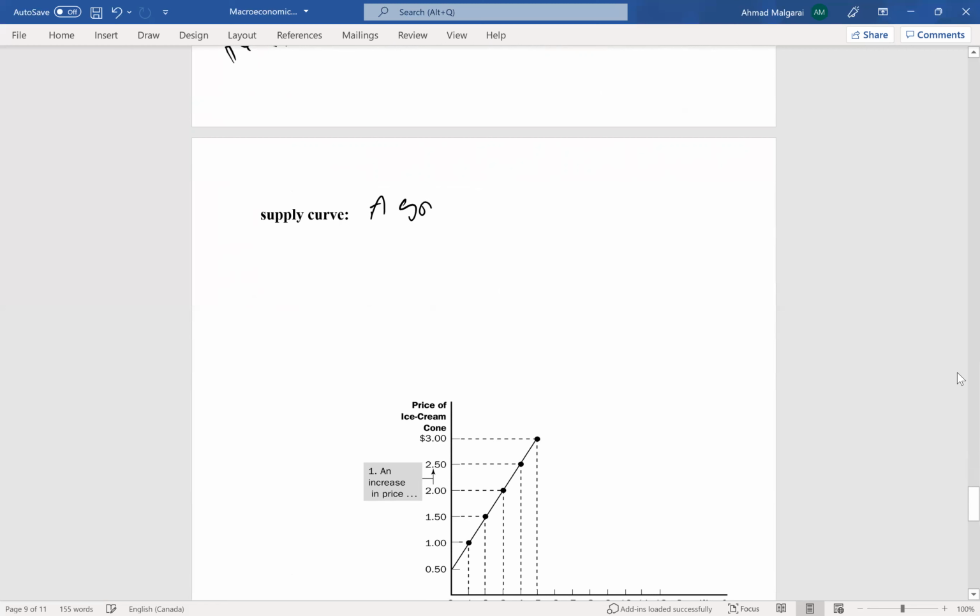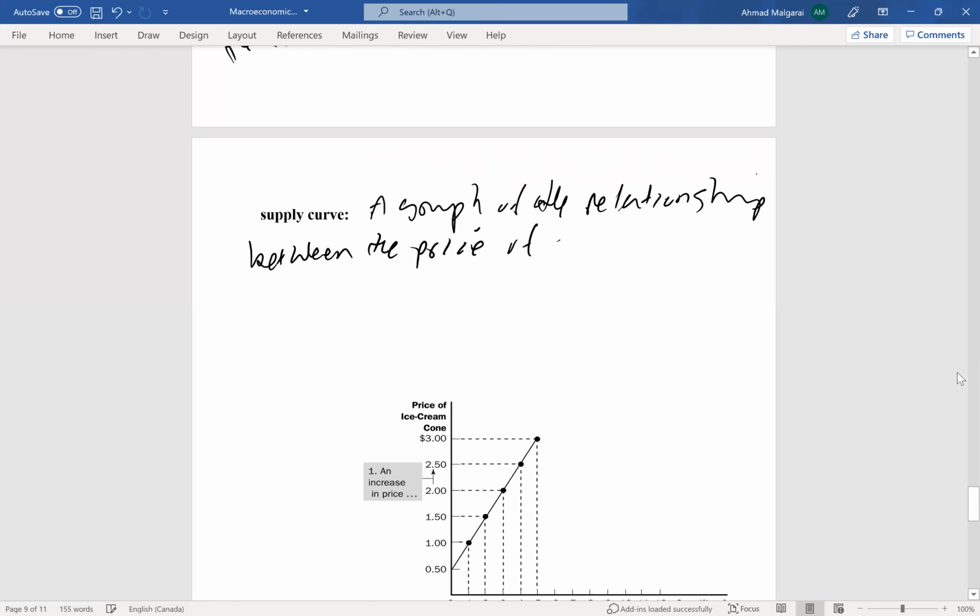It's a graph of the relationship between the price of a good and the quantity supplied.